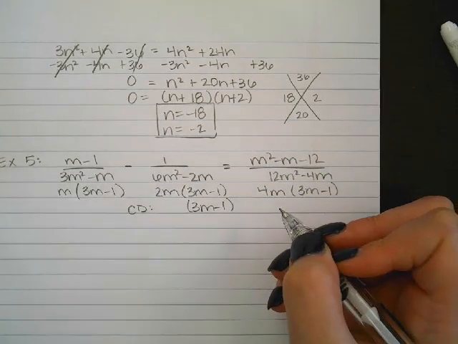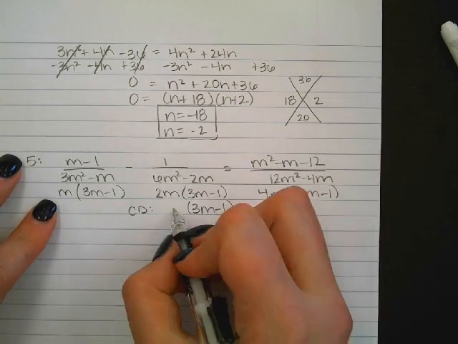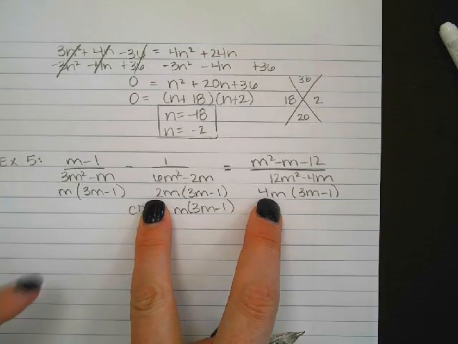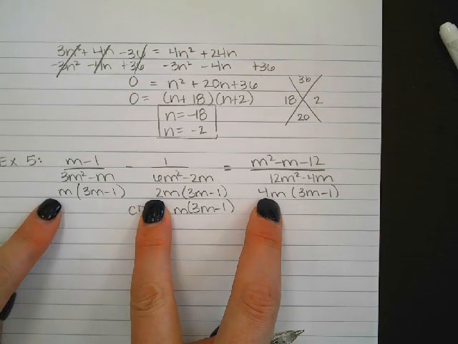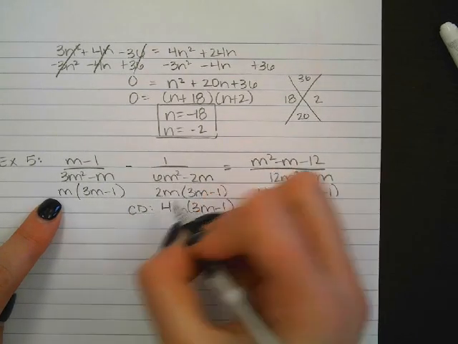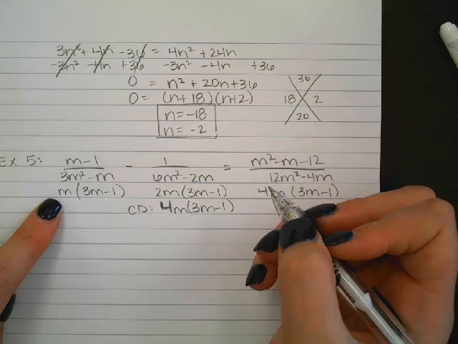All three of the fractions have it. All three of the fractions also have just an m in the front. And then these two have a coefficient of 2 and 4, and the first one doesn't have a coefficient at all. So between 2 and 4, the number in common would be a 4.